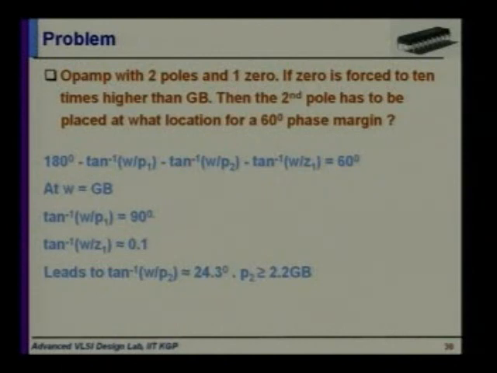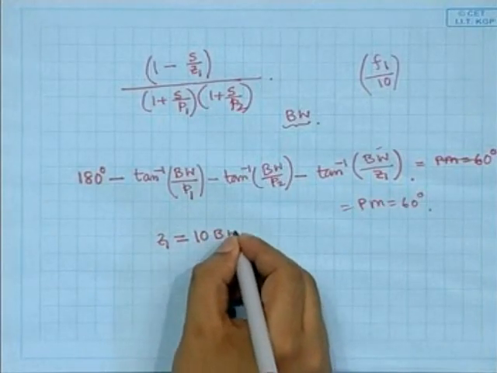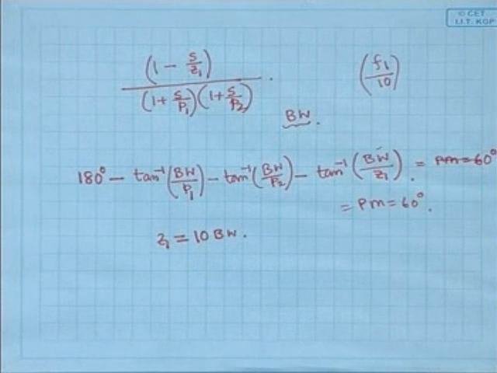It's almost 0. Z1 is almost equal to 10 times BW. You put the equation there. Approximately this comes to 1 by root 3.